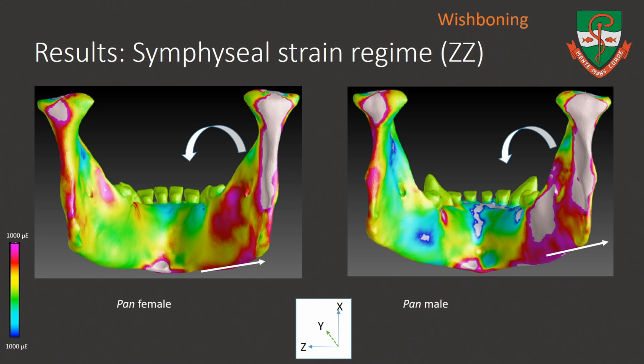Well, perhaps the negative torsion on the balancing side is superimposed on a wishboning regime. So we have internal force that's transmitted across the symphysis, and the lower edge of the mandibular base is slightly everting, resulting in tension at the inferior transverse torus, as well as compression at the superior transverse torus.